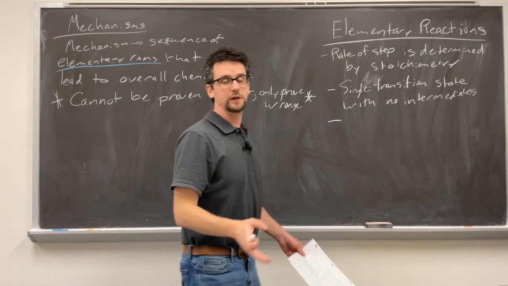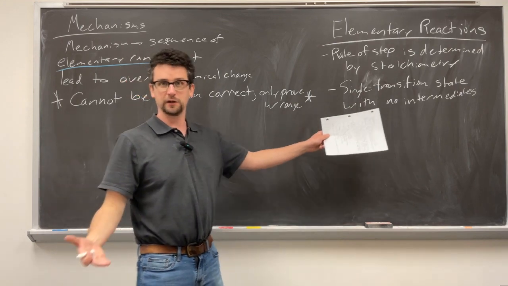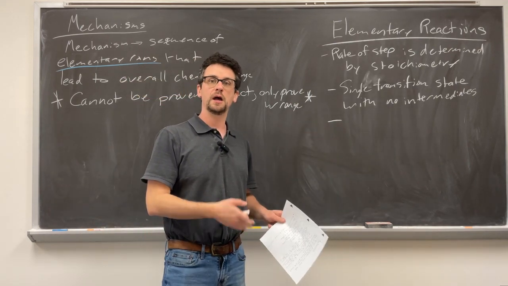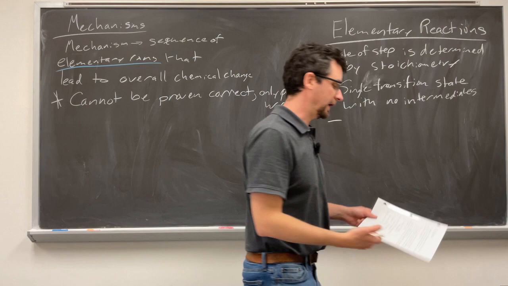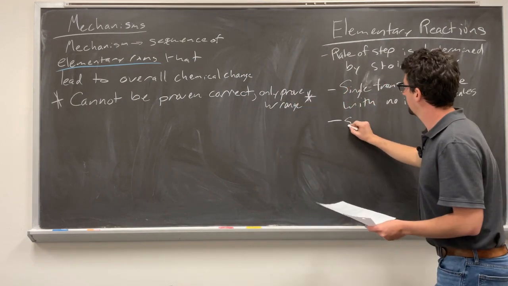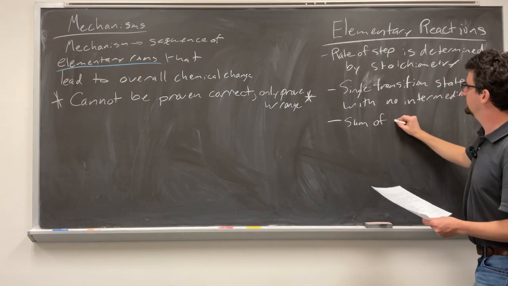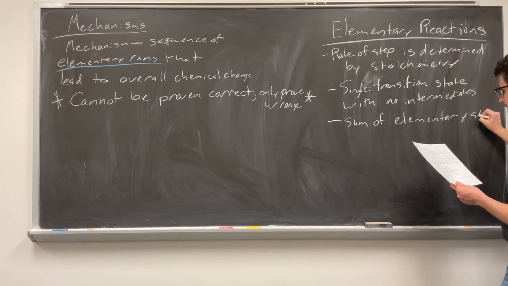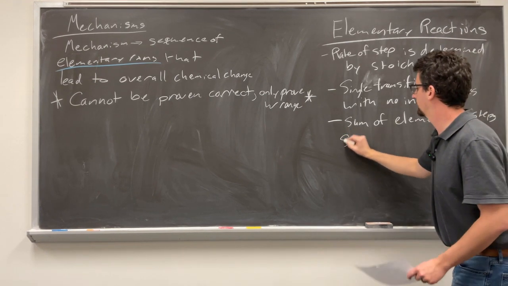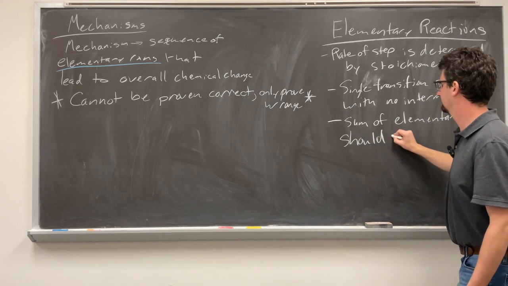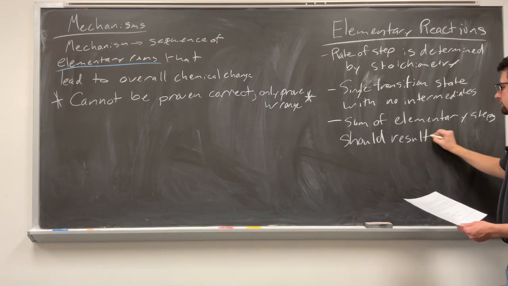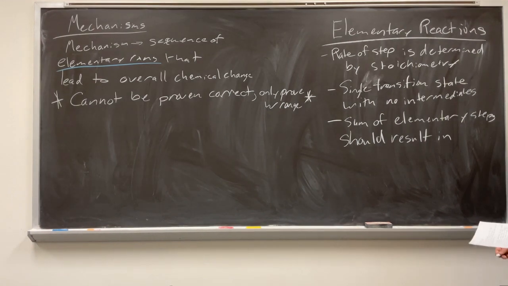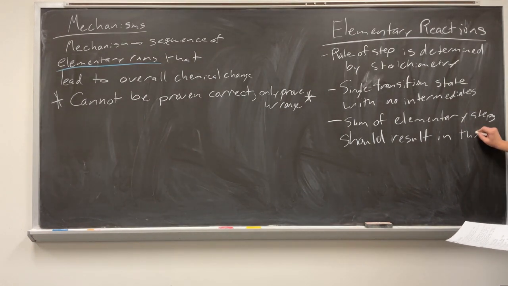The other thing is when you take all of the elementary reactions and you sum them up, they should equal the overall rate law. Sum of elementary steps should result in the overall rate law.